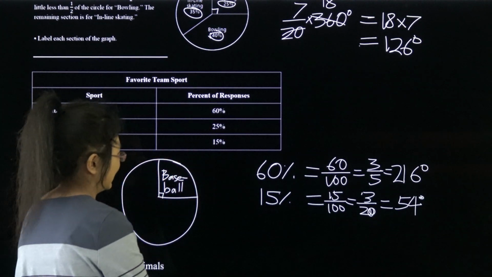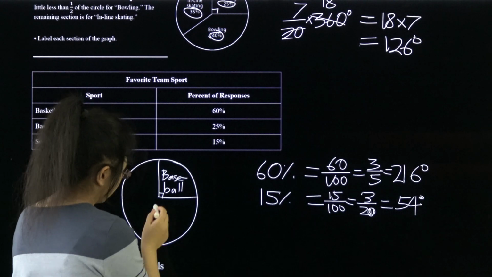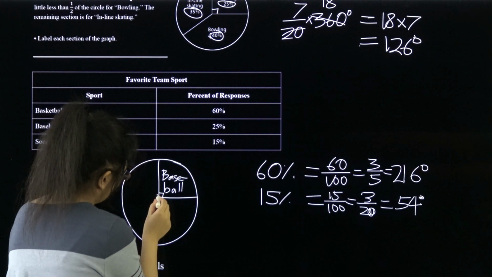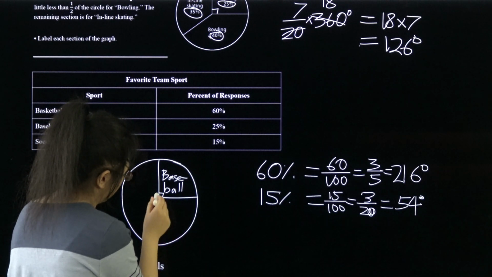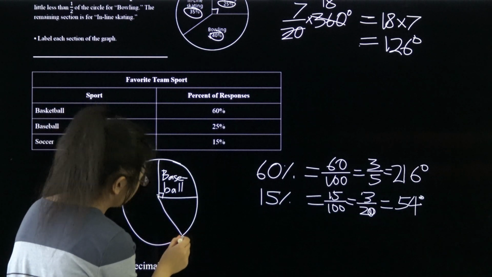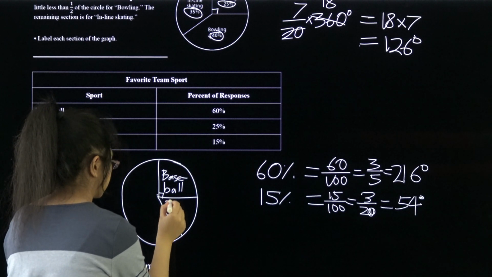So we know that 54 degrees, we're going to estimate this, is less than this but more than this, so it would be around here, and this would be soccer.